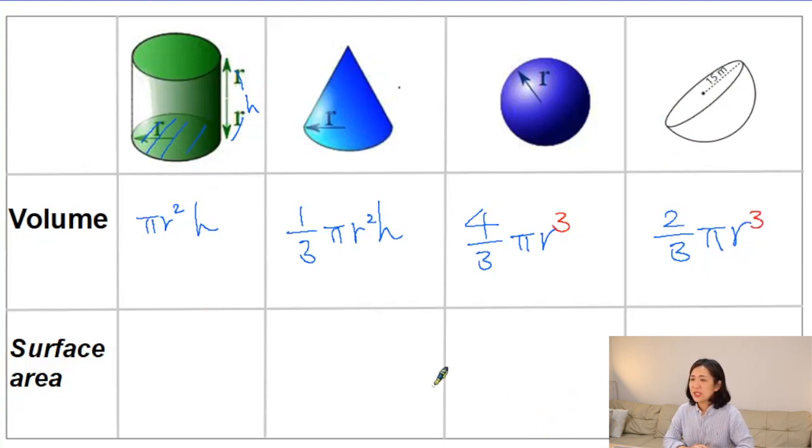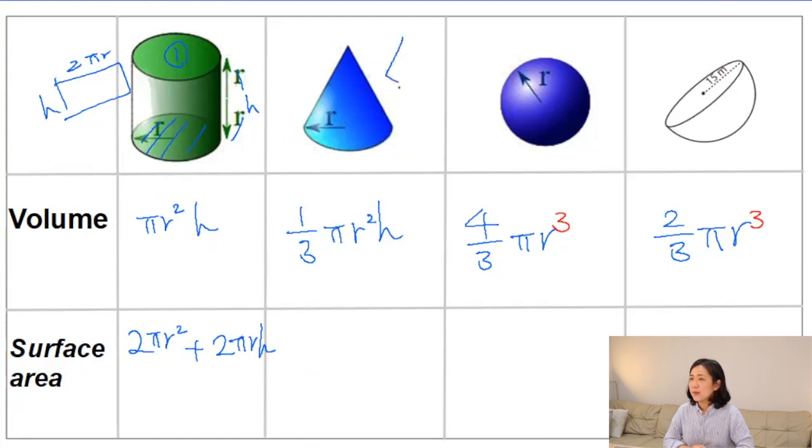Now let's move on to the surface area of all of those 4 shapes. For the cylinder, you open up the shape, then you will come up with 2 circles and 1 rectangle, right? The circle is pi r squared, so 2 pi r squared, plus your rectangle, where the length is the circumference 2 pi r, times h, so 2 pi r h.